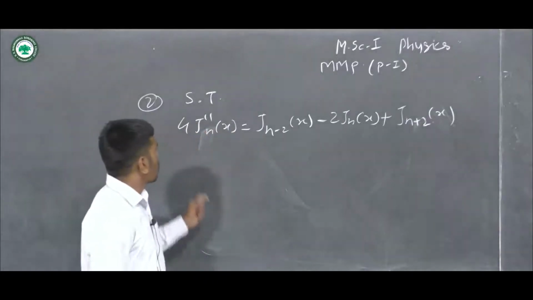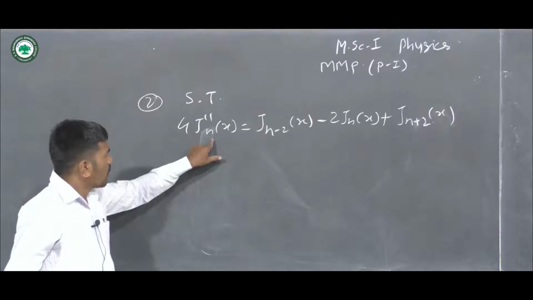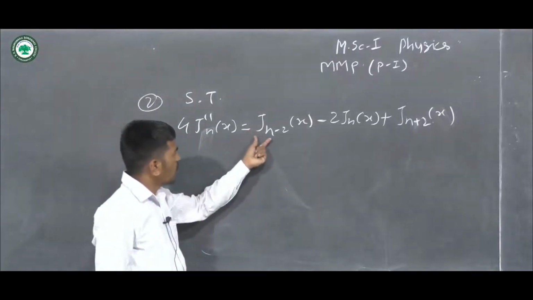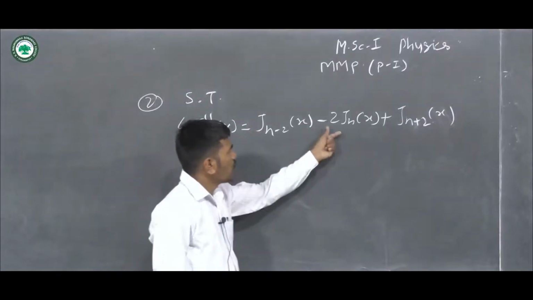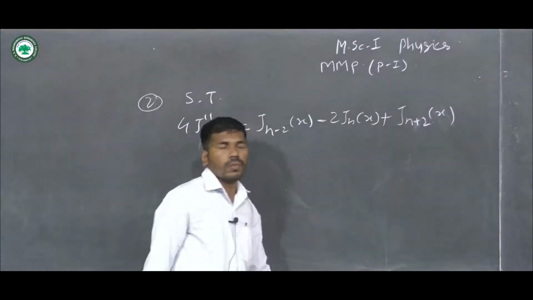Okay, so this is a given example: 4J''n(x) = J(n-2) - 2Jn + J(n+2).